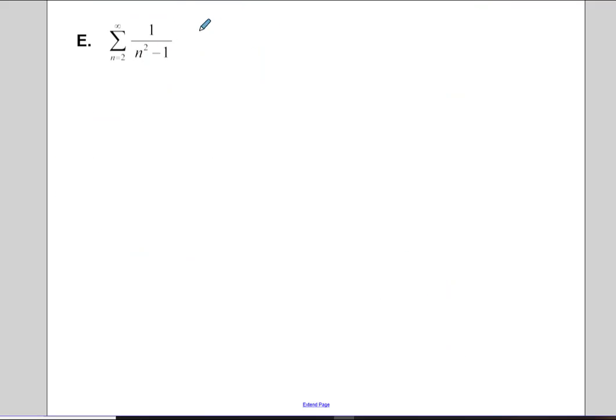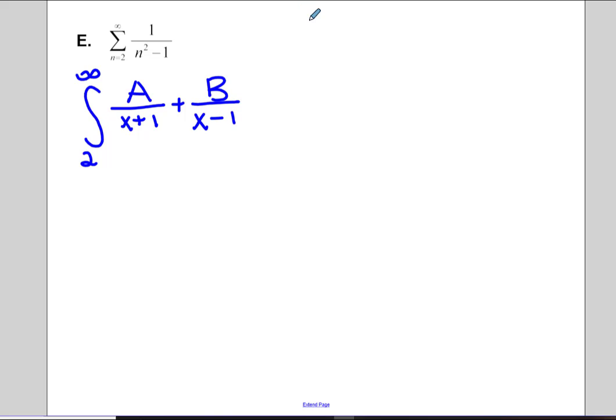Okay, in example E, we're going to have to use partial fractions for this expression. And rewriting our antiderivative from 2 to infinity, we have a divided by x plus 1 and b divided by x minus 1, using the idea of partial fraction decomposition.